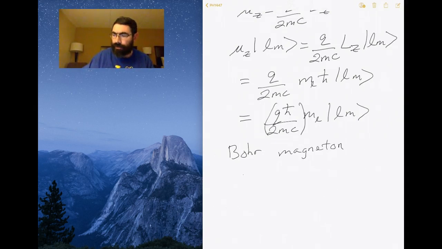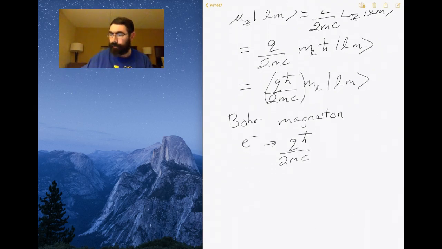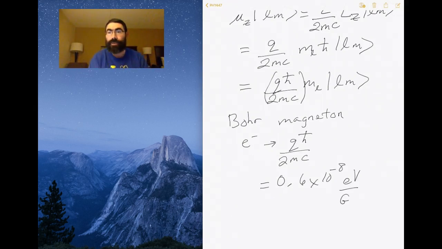Which works out to be, for an electron, q h bar over 2 m_electron c, the speed of light, which what you get out of that is 0.6 times 10 to the minus 8 electron volts per Gauss.